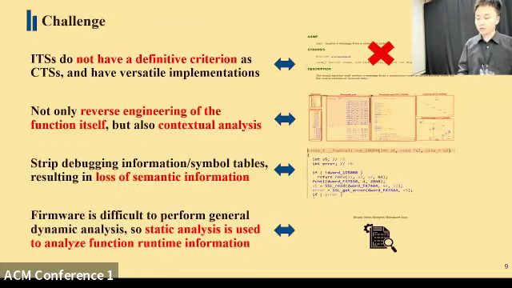Second, finding intermediate taint sources requires reverse engineering, not only of the function to model its semantics, but also of other functions to understand the inter-procedural data and control dependencies. Third, firmware is usually stripped of debugging information and symbol tables, resulting in loss of semantic information, such as function names and variable names. Finally, it is often not possible to apply dynamic analysis to find intermediate taint sources, because vendor protections for devices make it difficult to obtain runtime information.